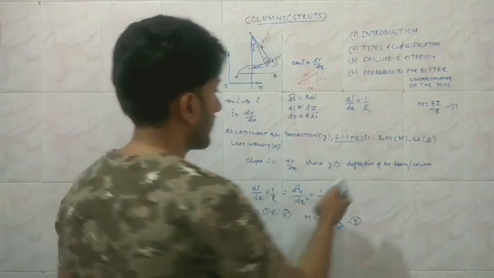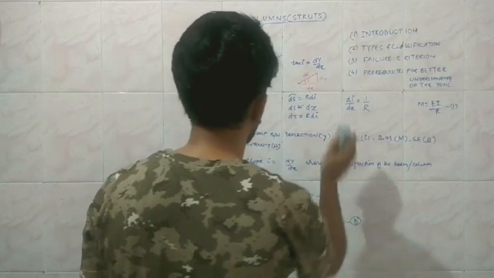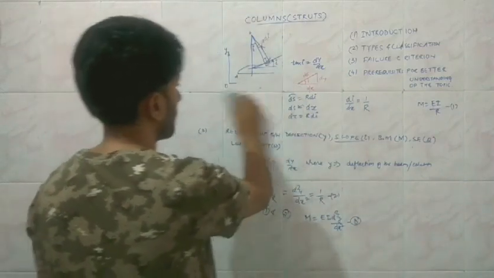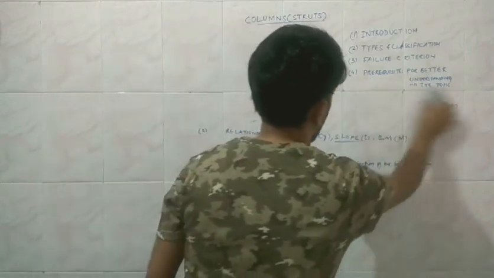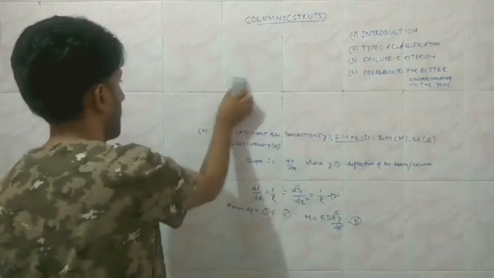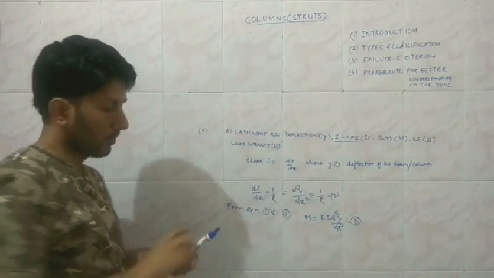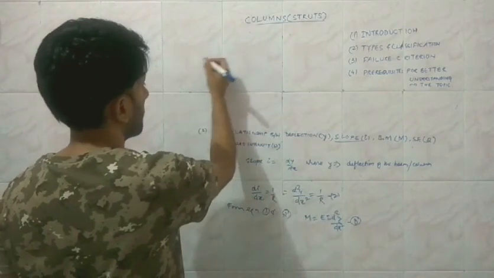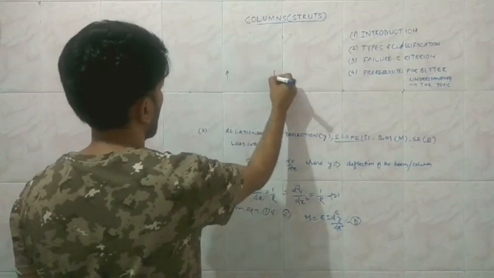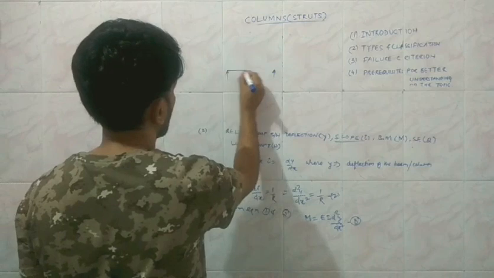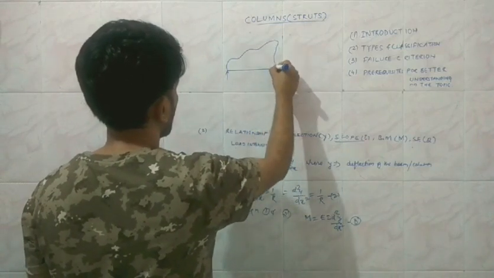So in order to find out the relationship between bending moment, shear force and load intensity, we need to consider another example. So let us consider a simply supported beam which is loaded with a uniformly varying load.